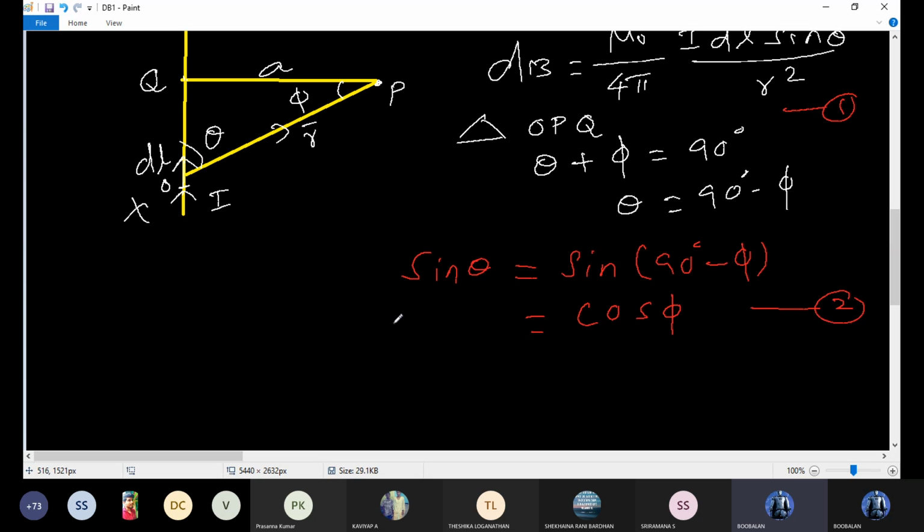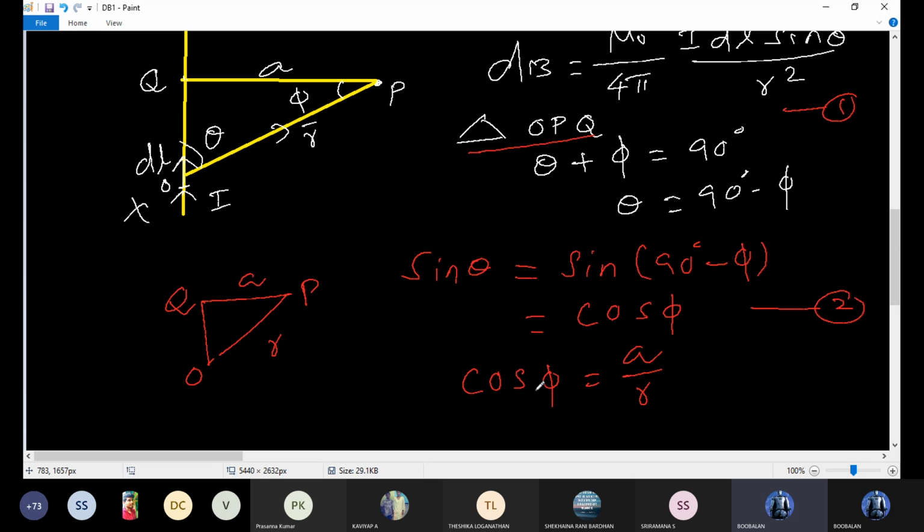Now I'm applying the cos phi value. From the right angle triangle OPQ, what is the cos phi value? I know the value of QP, it is A. Again, OP, this is R. Cos formula: A by R, very good.